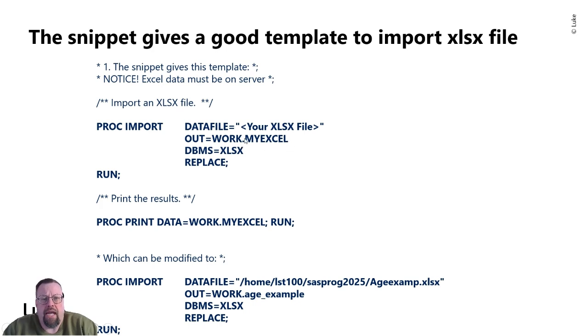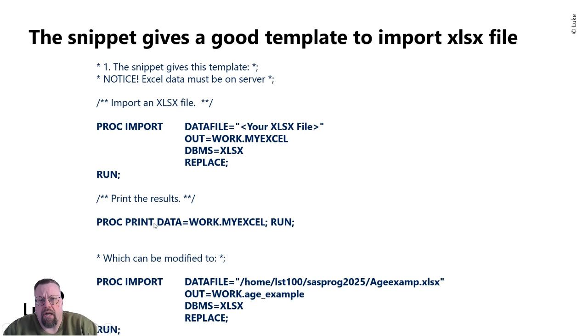And then you give a name for the SAS dataset, which is this myexcel here. dbms=xlsx is a technique used to import the data. So here we are using a technique specifically for xlsx files. This is the key details here.